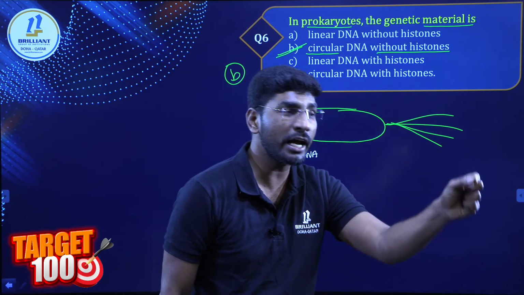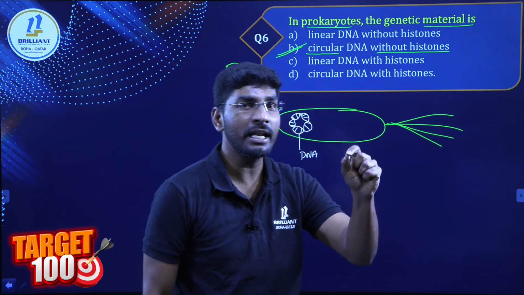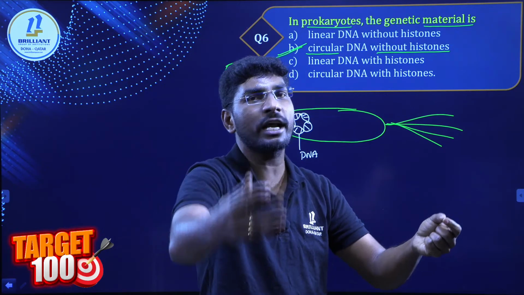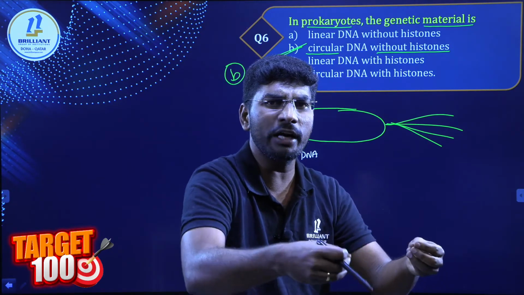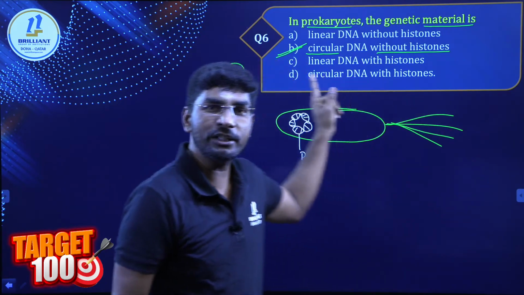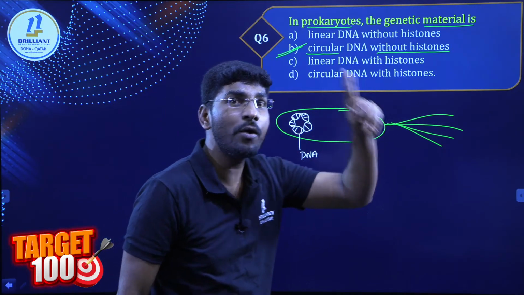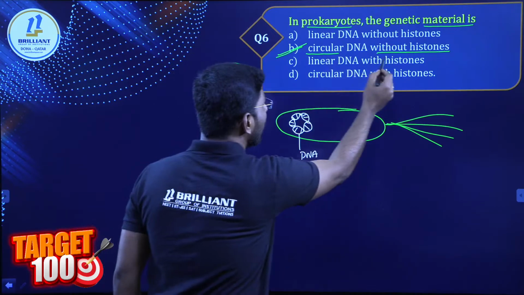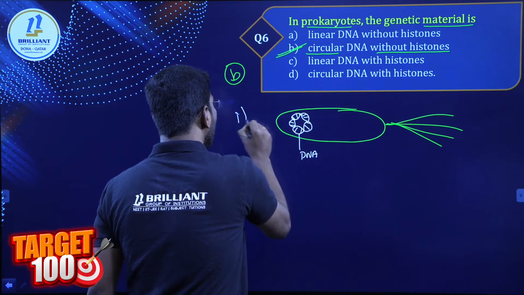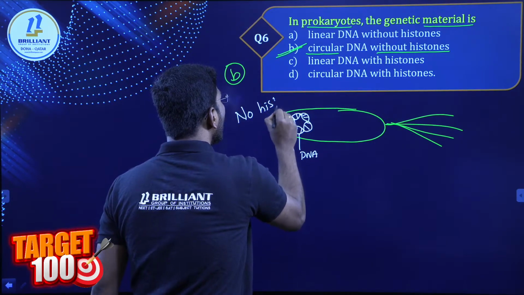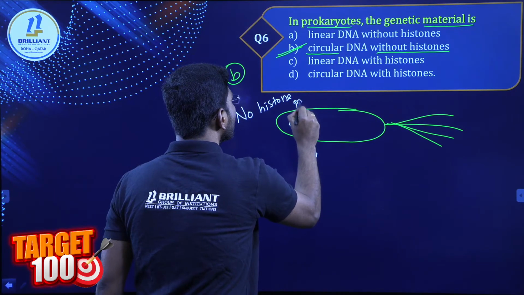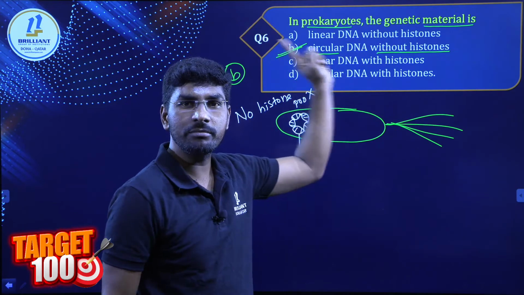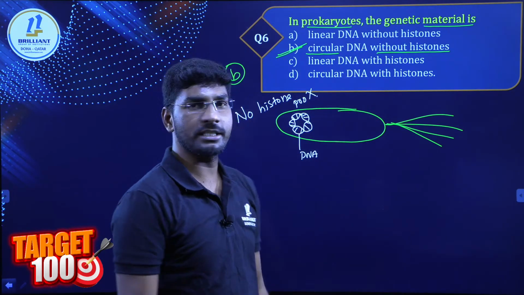If it is eukaryotic DNA, many ORI sites are there, and replication starts from different ORI sites. But in the case of prokaryotes, there is only one ORI site. Remember. So what type of DNA? Circular DNA, and no histone proteins. So the right answer is option B. Question number 6.